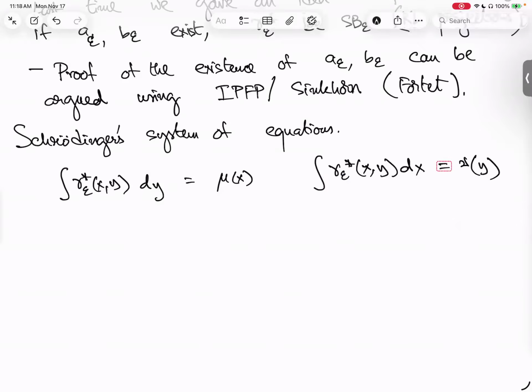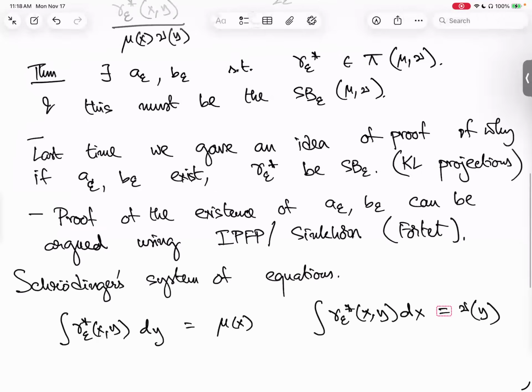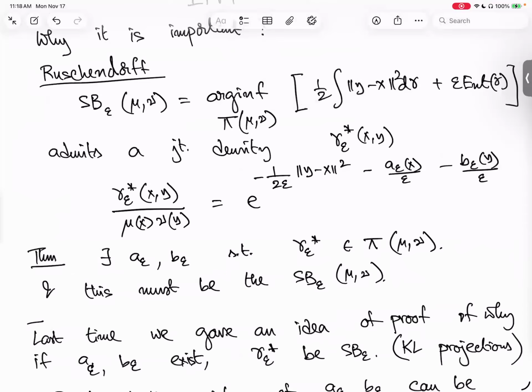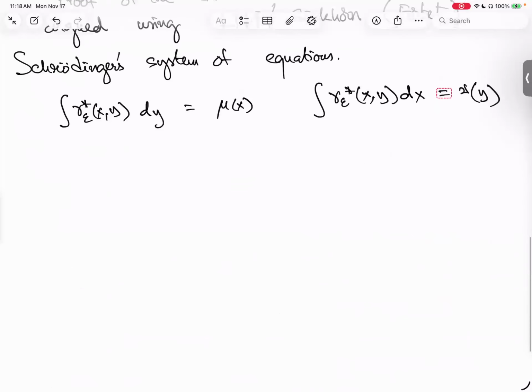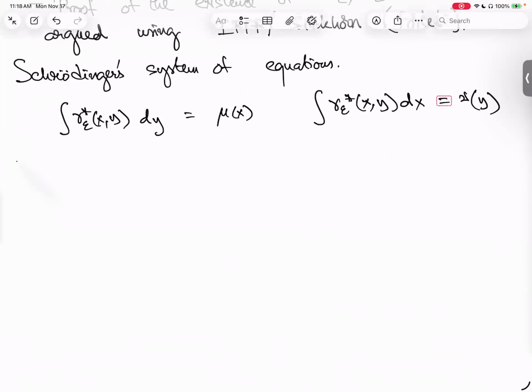These are the two marginal constraints that I get. If I write them down in terms of the expression that is given here, and I integrate this, then this implies two equations.